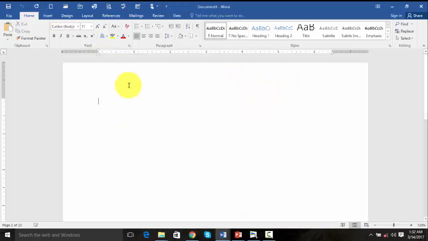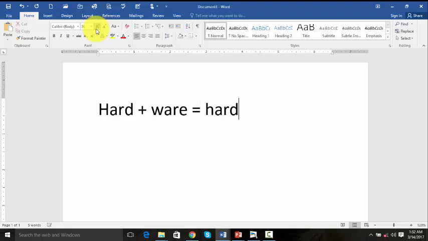Now children, we need to understand something here. We have the father who is hard, then he marries the wife who is ware, and they are going to have the child called hard copy.